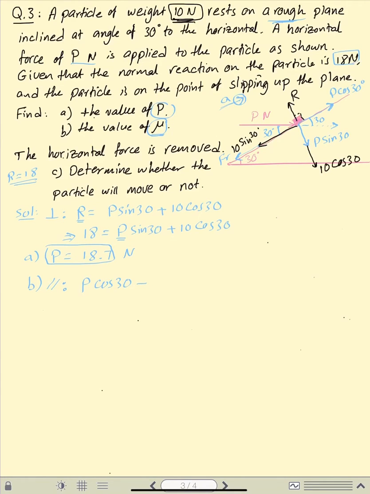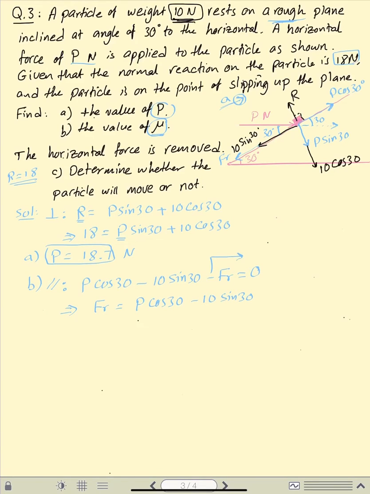So P cosine 30, parallel to the plane, minus the component of the weight, which is 10 sine 30, minus FR is equal to 0. This implies that FR is equal to P cosine 30 minus 10 sine 30.